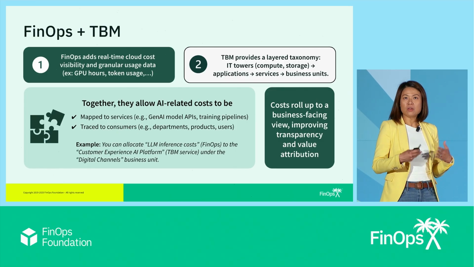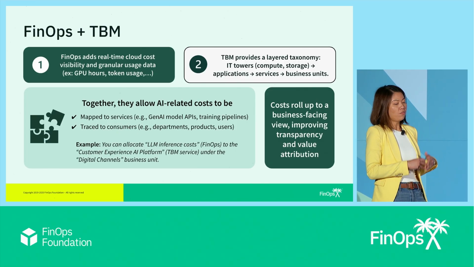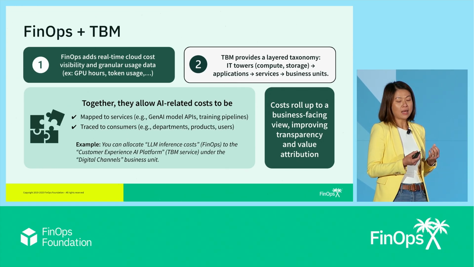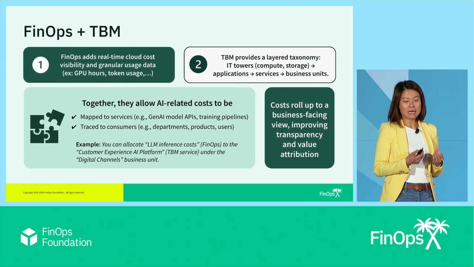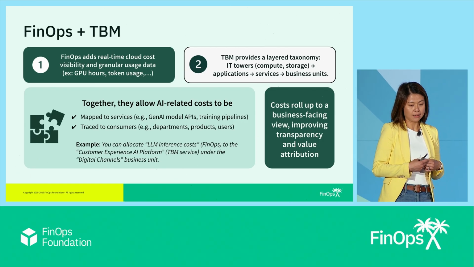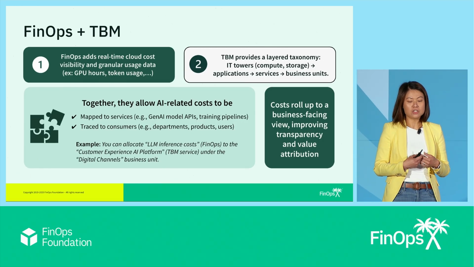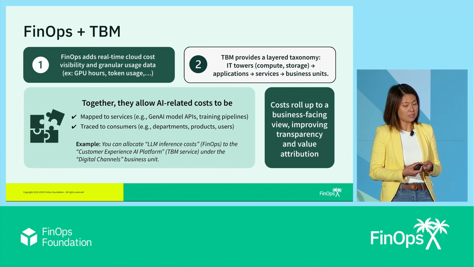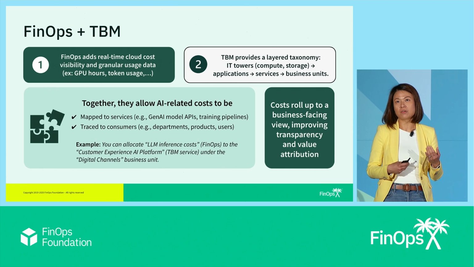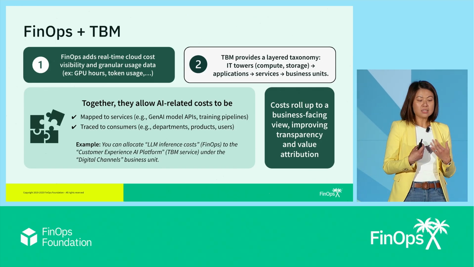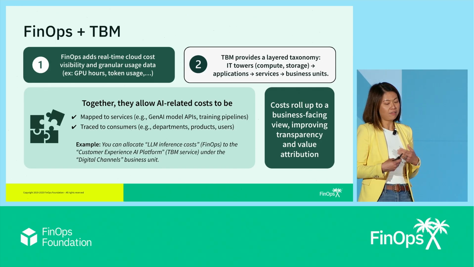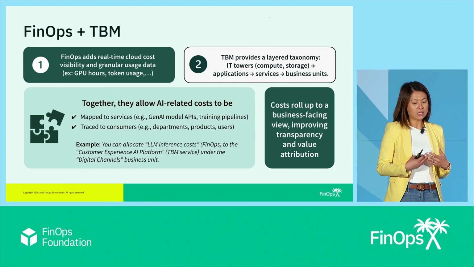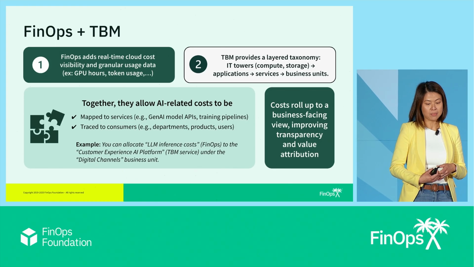And how do we actually weave these two pieces together? FinOps will bring the lens of cost, real-time reporting, accuracy, as well as accountability and optimization of cloud spend. This allows the teams to track things like unit economics for GPU hours and token usage, and inform trade-offs between different product decisions. And where TBM comes in is layering on a structured language and taxonomy that aligns the spend to our business construct and capabilities.